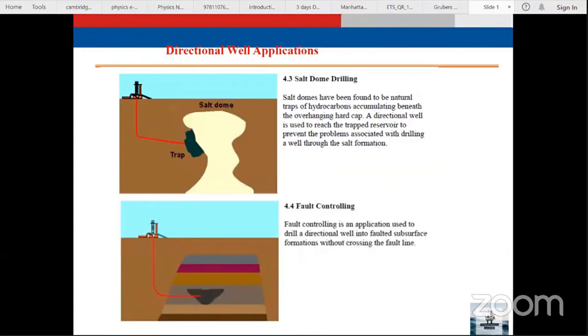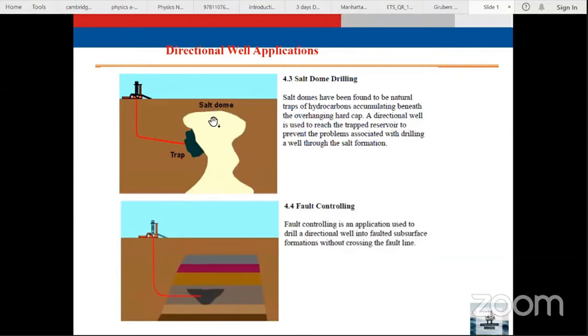One more application of directional drilling is called salt dome drilling. What is a salt dome? Salt domes are naturally found as hydrocarbon traps. As we know from geology, there are a lot of traps: structural traps, stratigraphic traps. One of the traps that store the petroleum is called a salt dome.